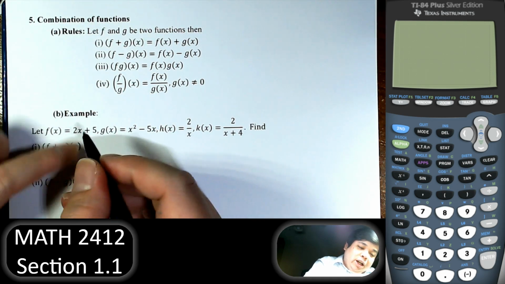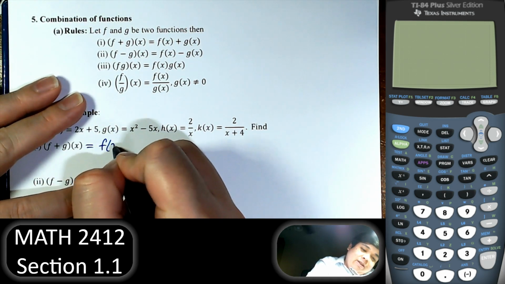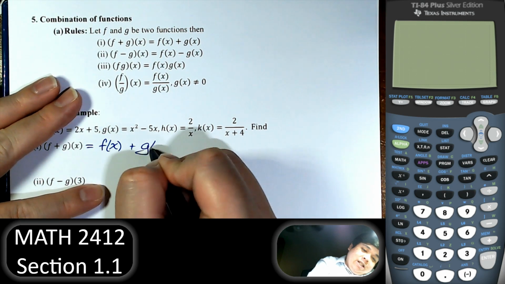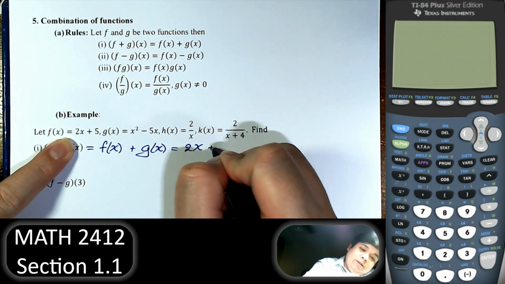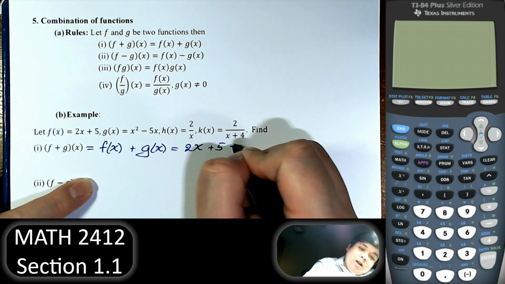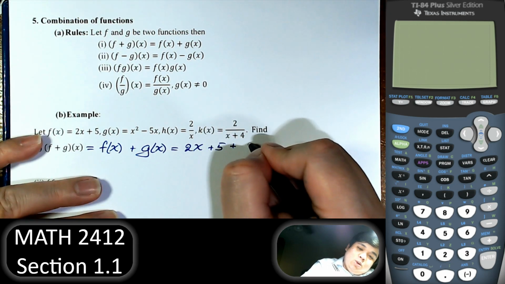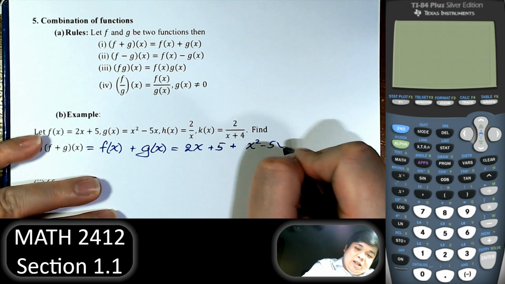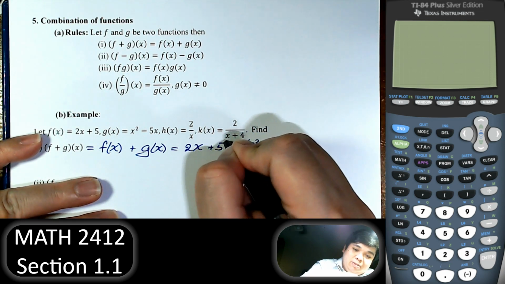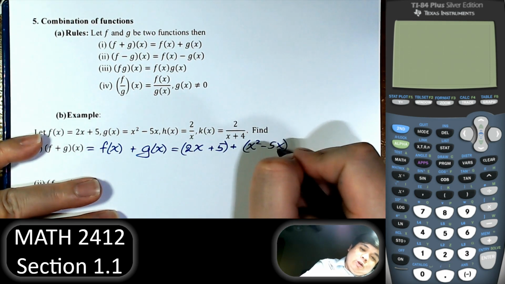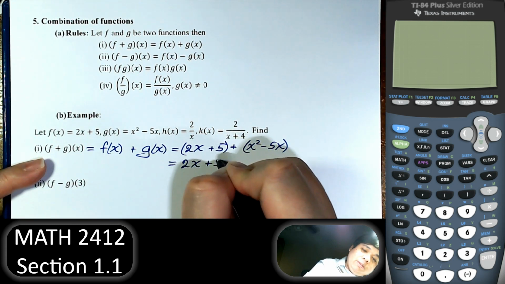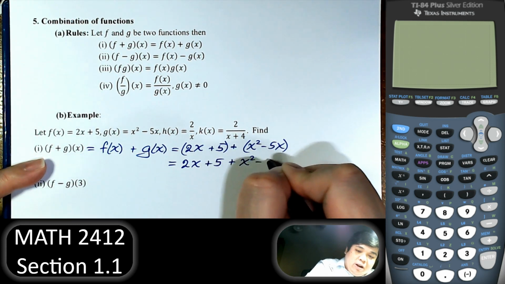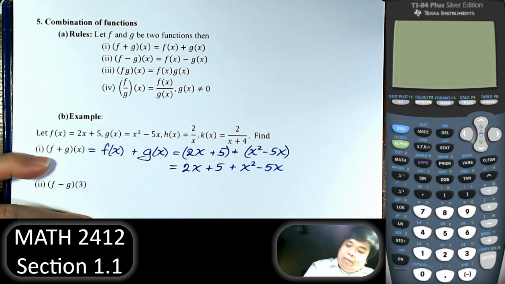f plus g of x. So just say f of x plus g of x. And f of x is 2x plus 5, plus g of x is x squared minus 5x. Yeah, just put the parentheses around them. Now remove the parentheses and simplify to 2x plus 5 plus x squared minus 5x. Right.